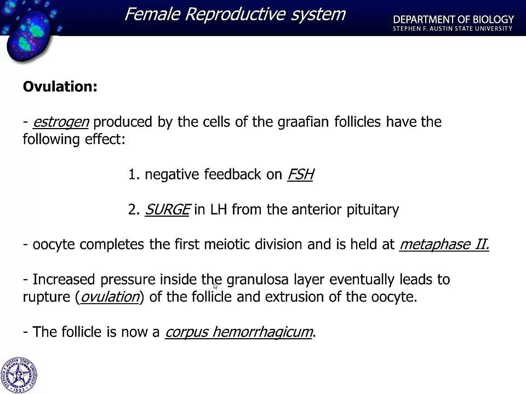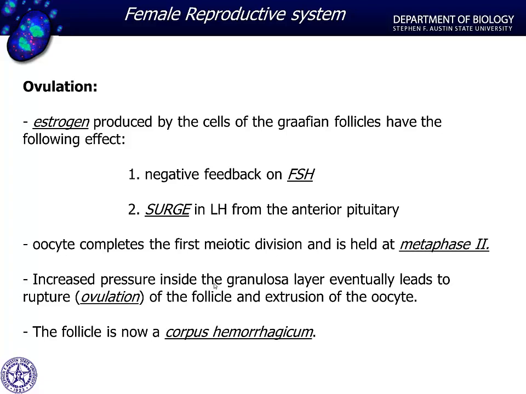We're going to rupture through the follicle. We're going to rupture through the ovary itself. And also these hormones, luteinizing hormone, is going to cause that first meiotic division to be completed, and that oocyte then is going to be held at metaphase 2. So when ovulation occurs, the oocyte is at metaphase 2, basically that's a female pronucleus.